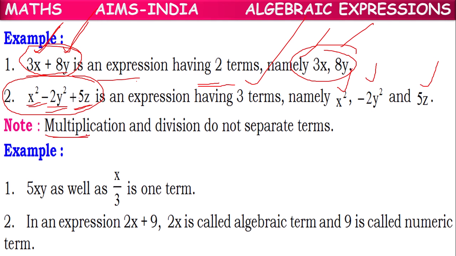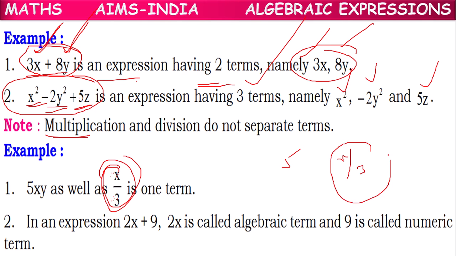Whenever we divide like this, x by 3, dividing the literals and numbers, we have to consider it as a single term. If we write x by 3, it does not mean that x is one term, 3 is one term, and we are dividing two terms.